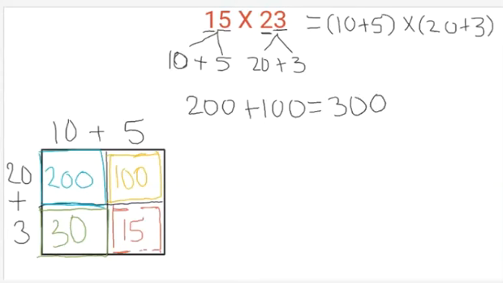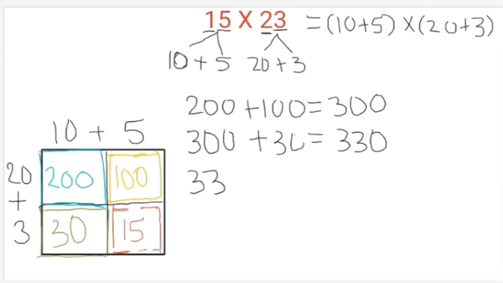Then I see that I still have a 30 and a 15. So first I'm going to add 300 plus 30. And we know that equals 330. I have one number left, and that is 15. So I'm going to add 330 plus 15.